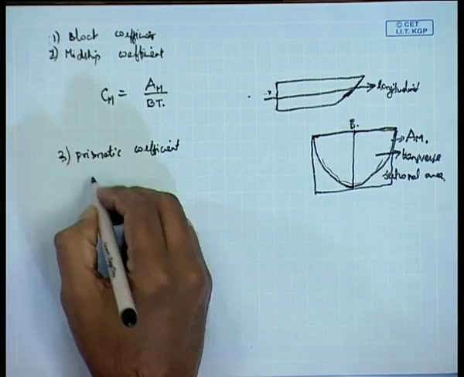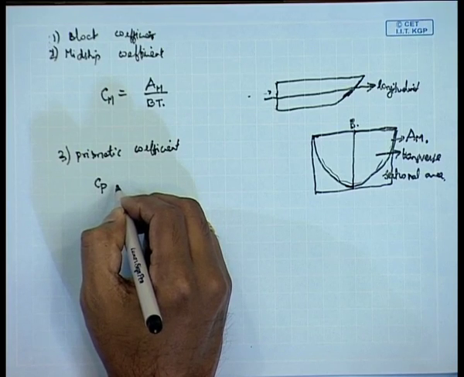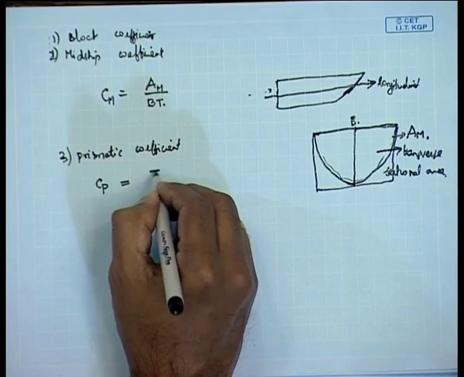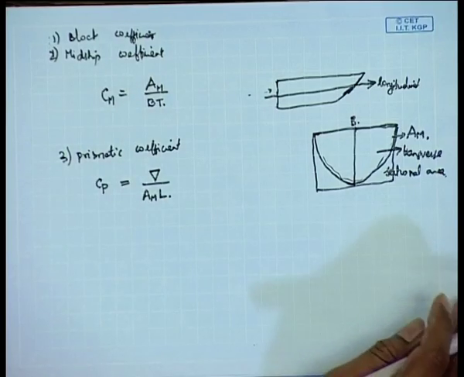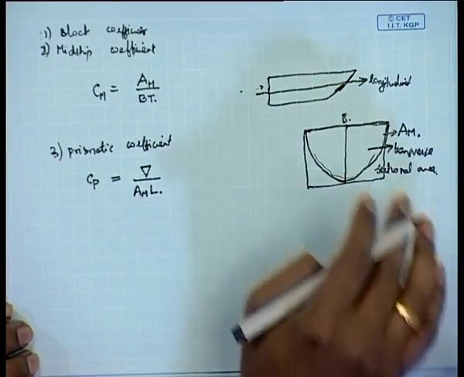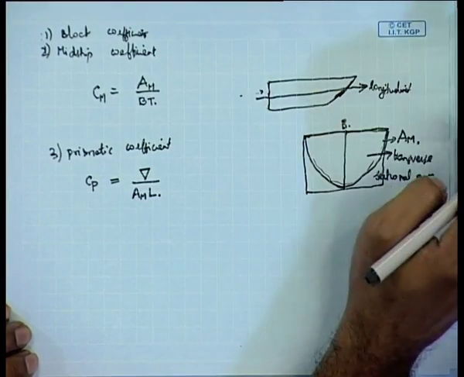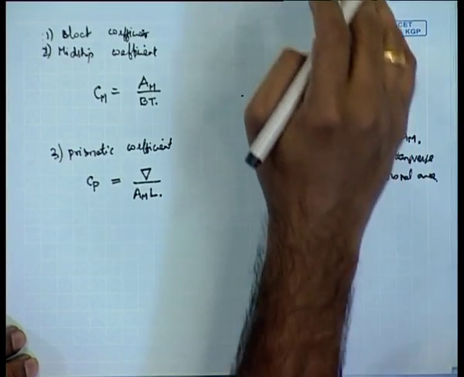Prismatic coefficient is defined as Cp, the ratio of the molded displacement volume del. It is a little more difficult to draw this figure, so I leave it.